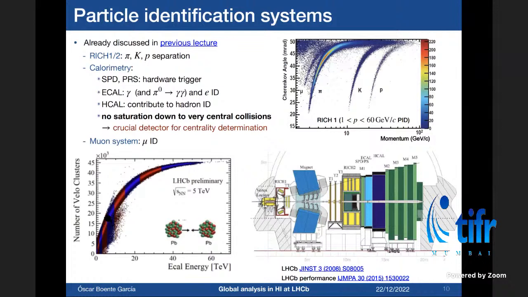You can see that around 10,000, only for very low occupancy, we have a kind of linear behavior, but then the number of Velo clusters starts to reach this plateau, and this makes tracking impossible. This is an important point because it means that we will have to use the calorimeter, which doesn't saturate, for our centrality determination, and we won't be able to use the tracking detectors.